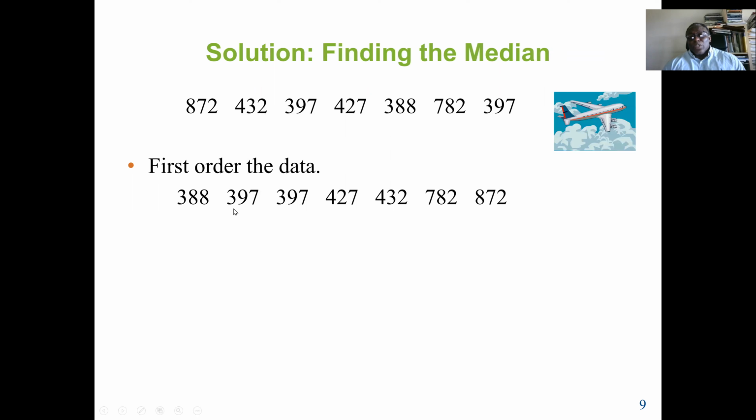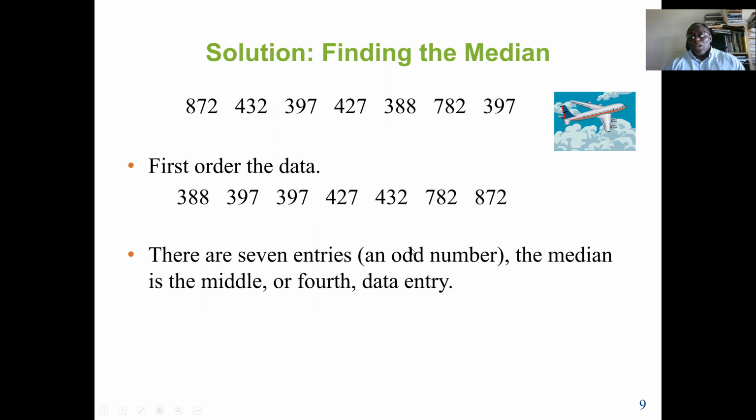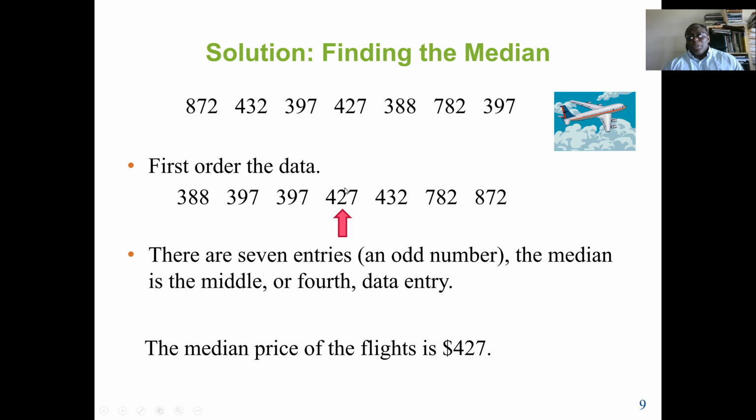That's the first thing we did here: 388, 397, 397, 427. Fortunately, we have 7, so it's odd. So we take the middle value. Our median will be 427.